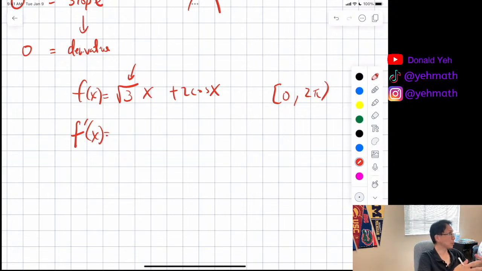Now what's the derivative of square root 3 times x? The square root of 3, because that's just a number. Doesn't matter if it's square root 3 or square root 4, which is 2. That number is just in the front. So the derivative of square root 3 x is square root 3. Good? Okay. Minus 2 sine of x.